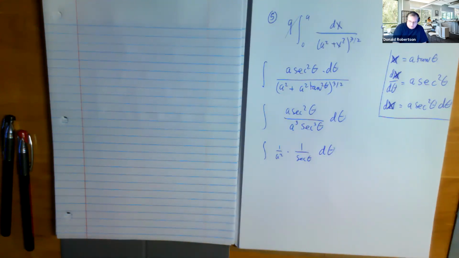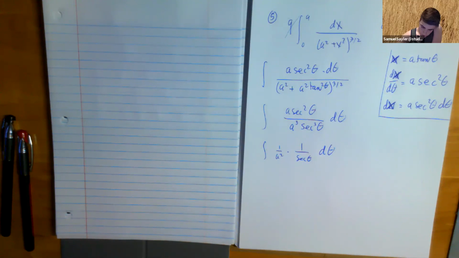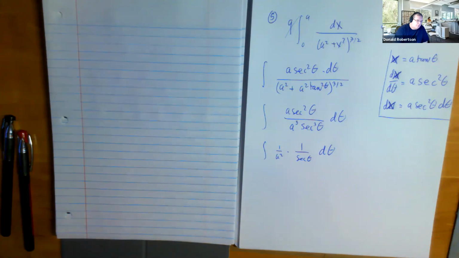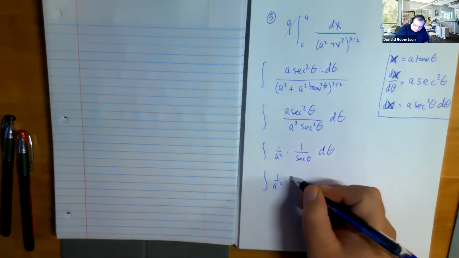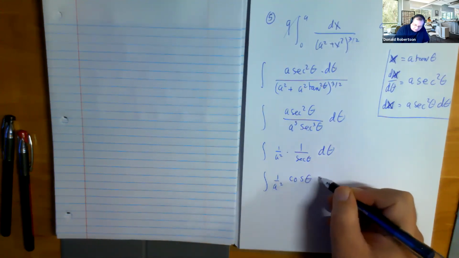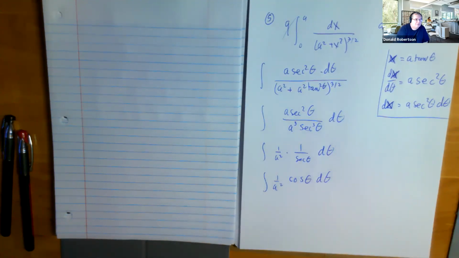Do you get that? Let me look. Okay, that's where I made the mistake. I did secant squared, and then you went a tan road, and that's probably where that came from. This is much better like that.